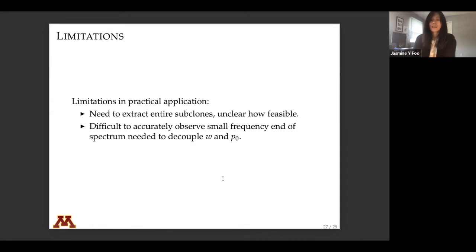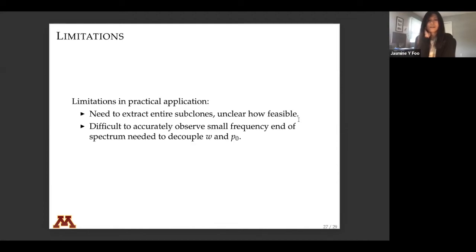One I think of as being addressable from the theoretical standpoint, the need to extract entire subclones. We are working on developing this analysis for sampled SFS instead of entire subclone SFS, and I think that's possible. On the other hand, the observation of the small frequency end of the spectrum is more of an experimental limitation.